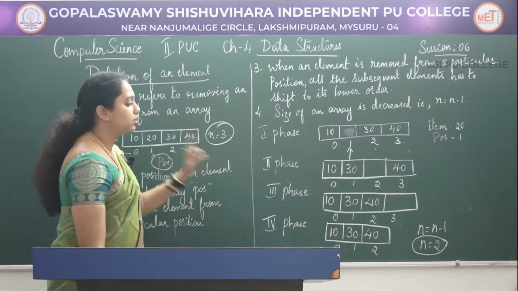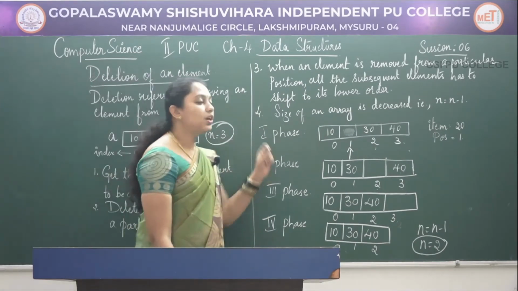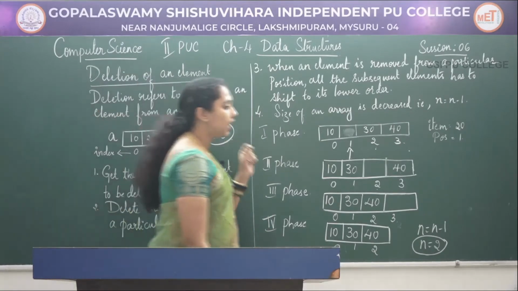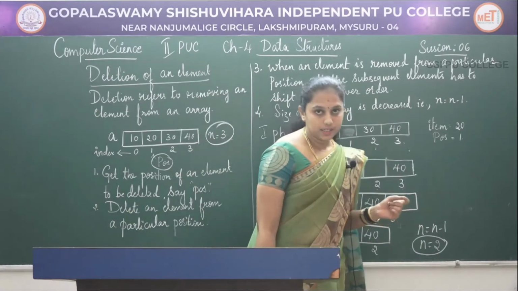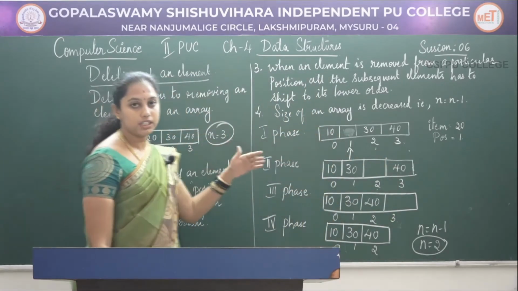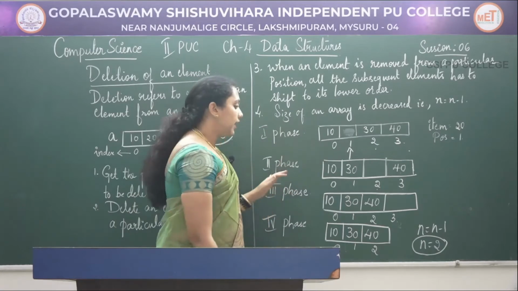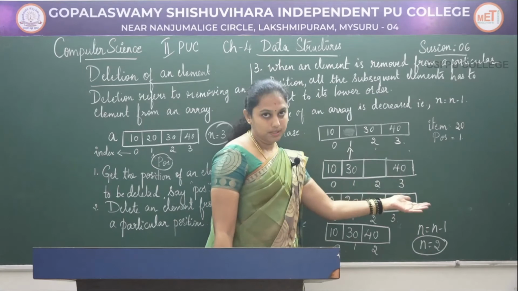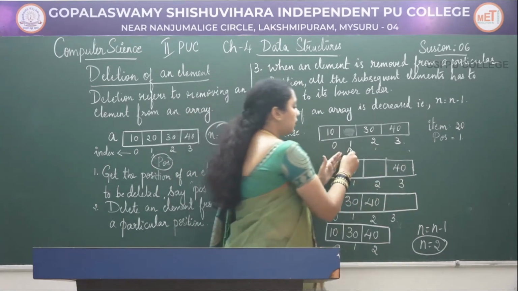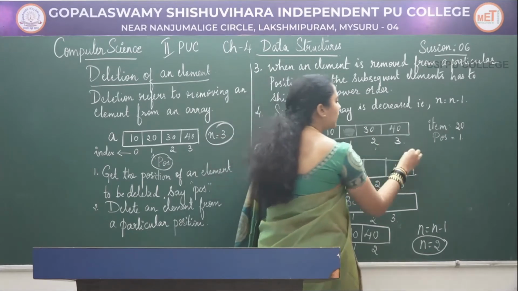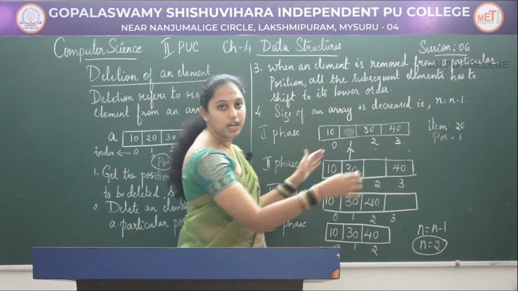First, the first step is we have to get the position of an element from an array to be deleted. So, from that position, we are going to delete the particular element. In the next step, we have to shift all the elements from the deleted position till the last position of the array.